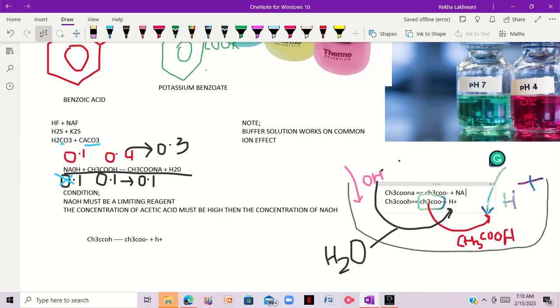Now you're wondering, this sodium has a positive charge, does it change the pH? No, because positive and negative will cancel each other and there will be no change in the pH.